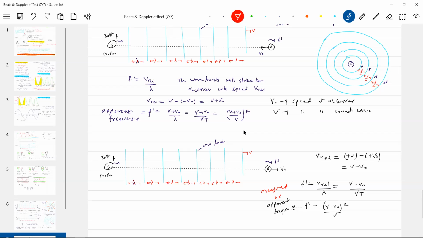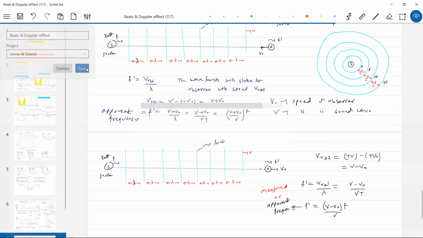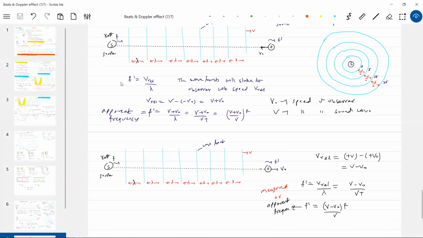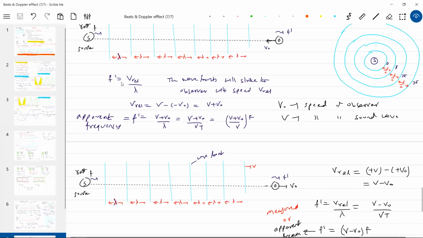The signal is generated at frequency f only, but we hear it at some other frequency. Why does that happen? Because of relative motion between the source and observer. This phenomenon is called the Doppler effect.